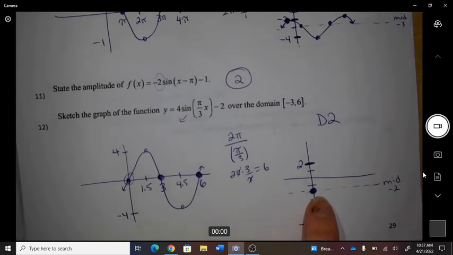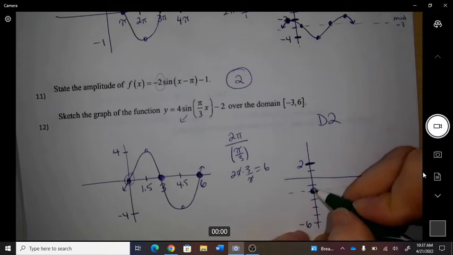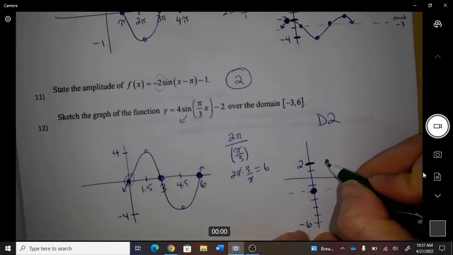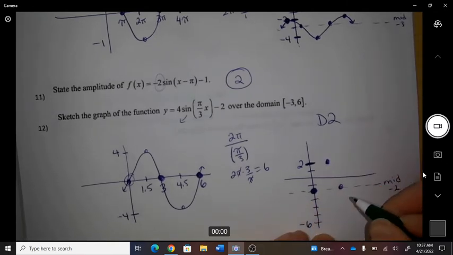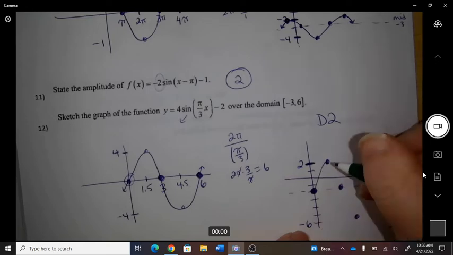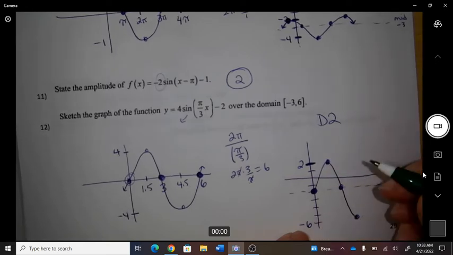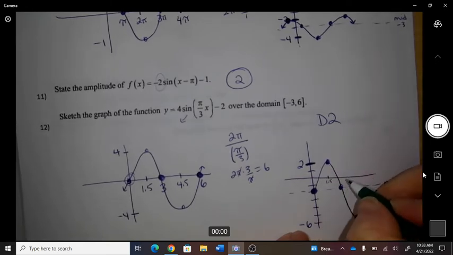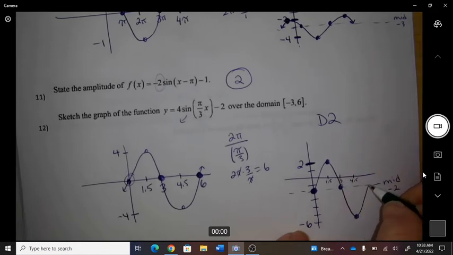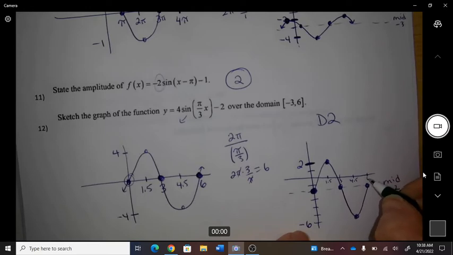Okay, so there's that. Now I'm going to go up, top, midline, bottom. So remembering our x values here, that's a 1.5, that's a 3, that's a 4.5, back to a midline, which is at 6.